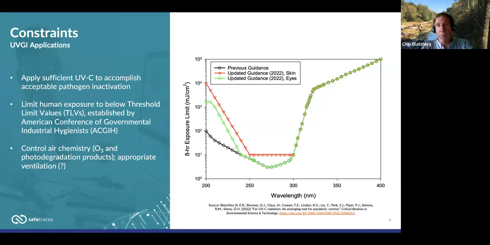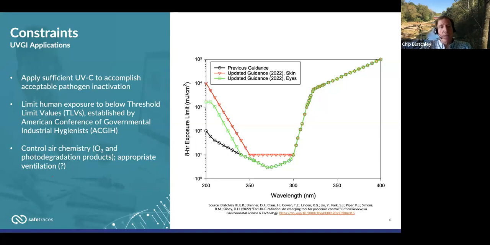The red curve represents the most recent guidance that's been published for skin exposure, indicating what dose of radiation you could be exposed to in an 8-hour period as a function of wavelength. And the green curve illustrates the similar curve for the eyes. So the basic idea here is that we have information to describe what ACGIH have defined as acceptable exposures as a function of wavelength. So that's the second constraint.